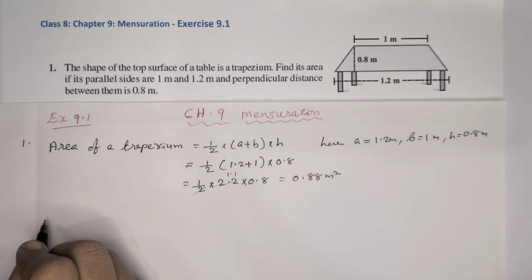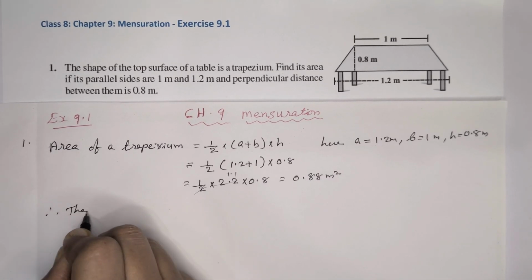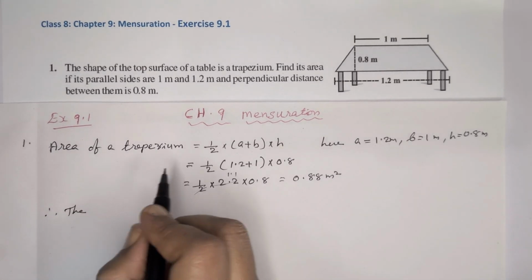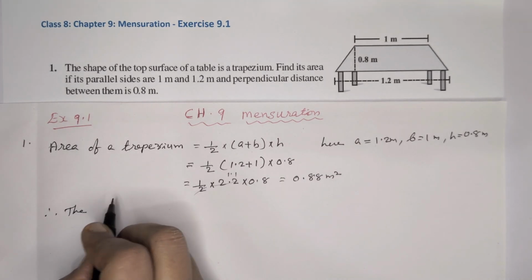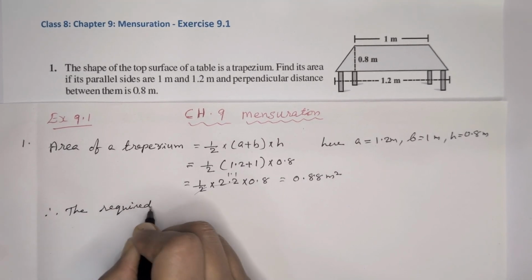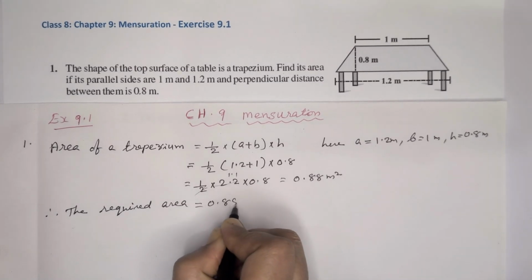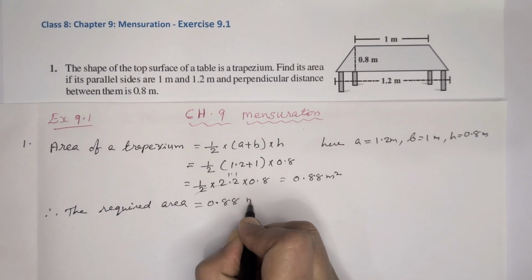So the required area, the area of the tabletop surface, is equal to 0.88 meter square.